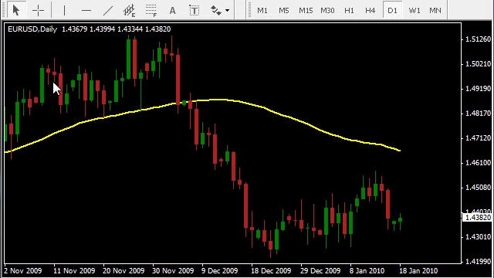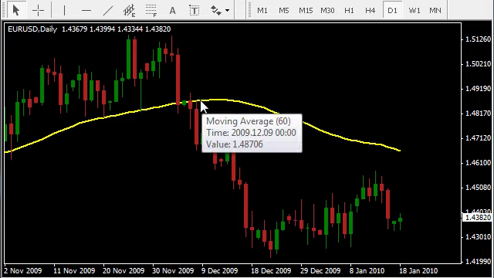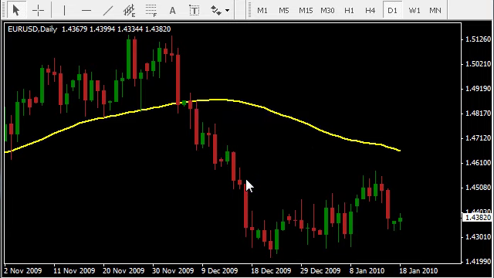So see how price has been kind of bouncing off this moving average, and it's broken below, and price now started moving away from the moving average, so people took trades short. And down here we're swinging back towards the moving average, so some people might be scaling out of their positions, taking some profits and waiting for a retracement, and because it's still on the low side of the moving average, they're looking to go short again, and they may have entered into some more positions down here short.